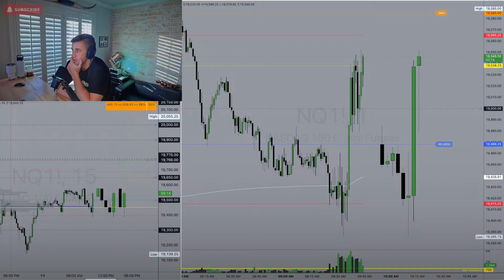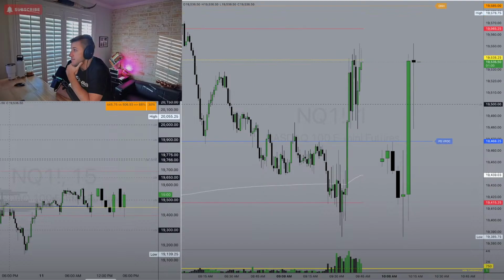Yeah, volume point of control there at 538. 15-minute bar closes here in 3 seconds. It's a bullish 15-minute bar.